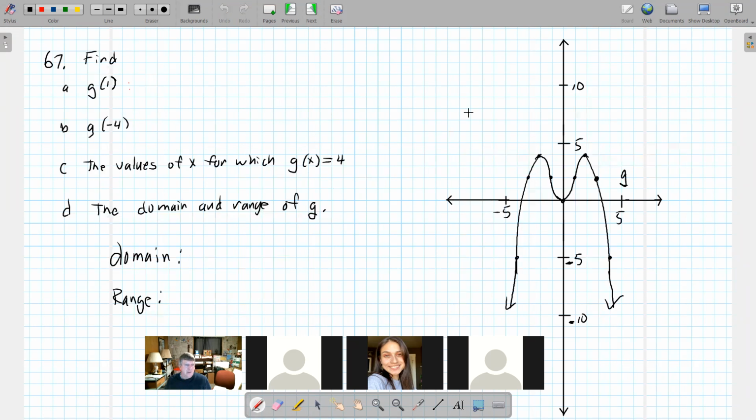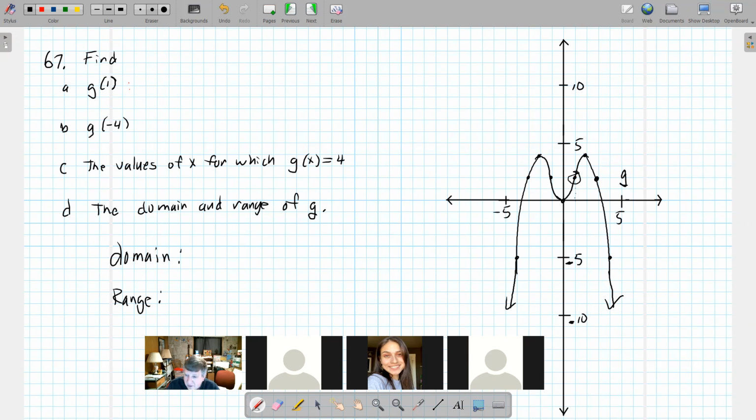Here we go. Same thing again. G of 1. Okay, our scale here, every square is 1 unit, both directions. So G of 1 is what? Is it 0? No, 2. Okay, where is x equal to 1? Right here.